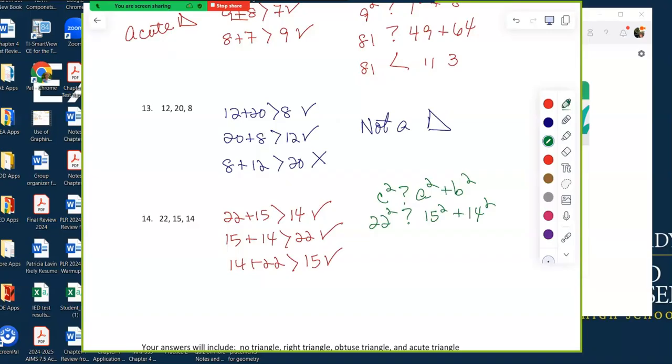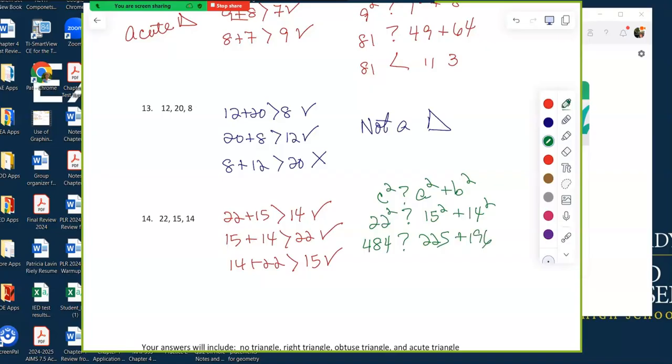Okay, so I'm going to grab my calculator, so you can go ahead and do your math and let me catch up with you. But I know that 22 squared is going to be 484. So this is 484. And I know that 15 squared is 225. And then 14 squared, I know, is 196.